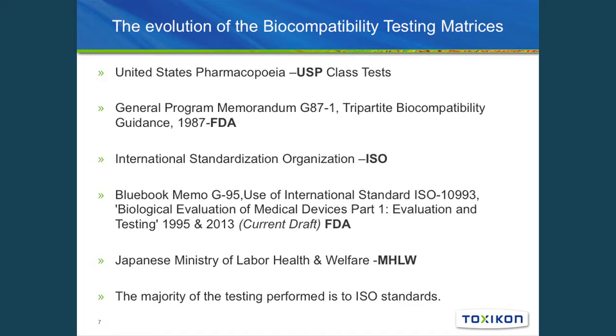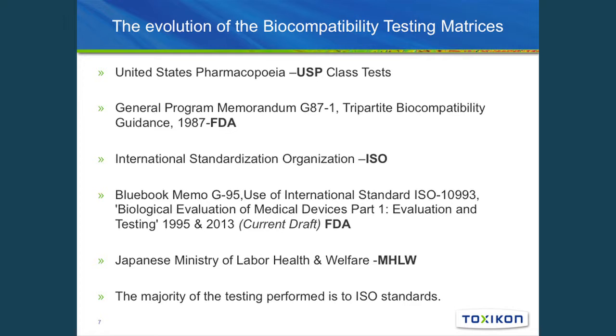Well, with that, devices are made with more than just plastics. So what happened was in 1987, the FDA came out with their tripartite biocompatibility guidance document. This is what formalized how to think about biocompatibility, how to get through biocompatibility, and different devices, how to assess that biocompatibility that's pertinent to you.